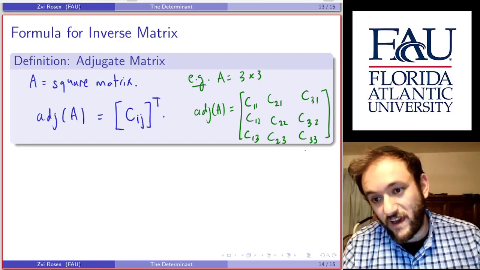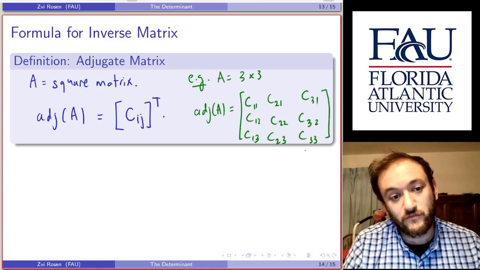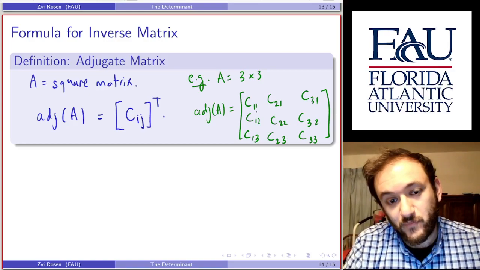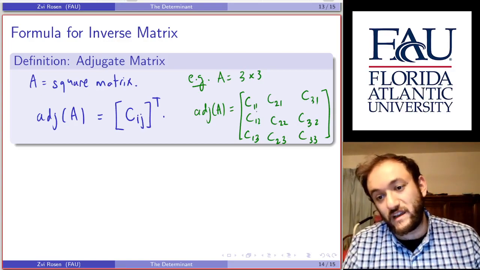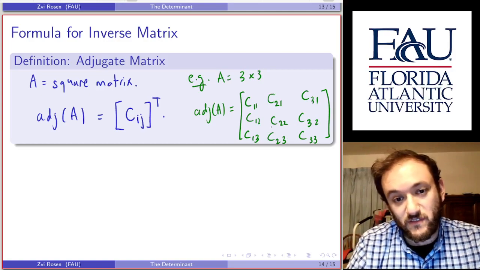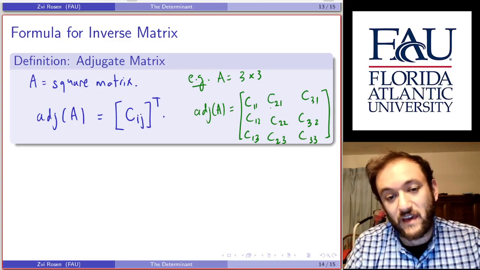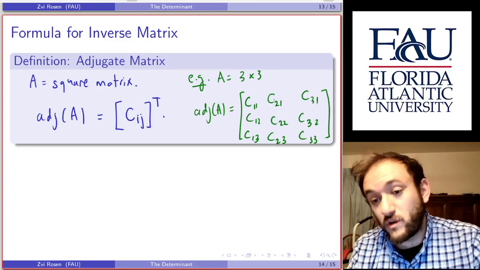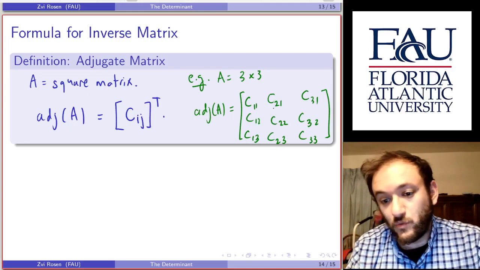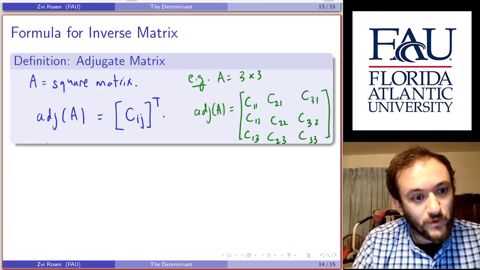So all of the cofactors using the formulas we saw before, but you just transpose it after the fact. So instead of the 1,2 entry having the cofactor corresponding to 1,2, you have the cofactor corresponding to 2,1.